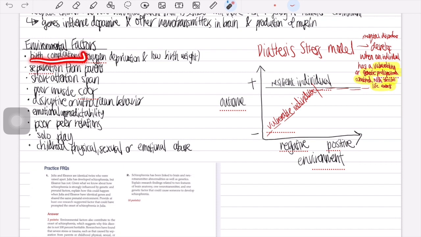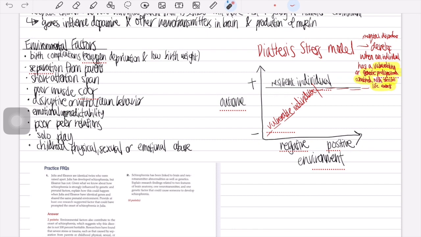In terms of environmental factors, there are many factors such as birth complications, as I mentioned, such as low birth weight and oxygen deprivation at birth. And also if the person was separated from parents at an early age during childhood. And if they have a short attention span as well.